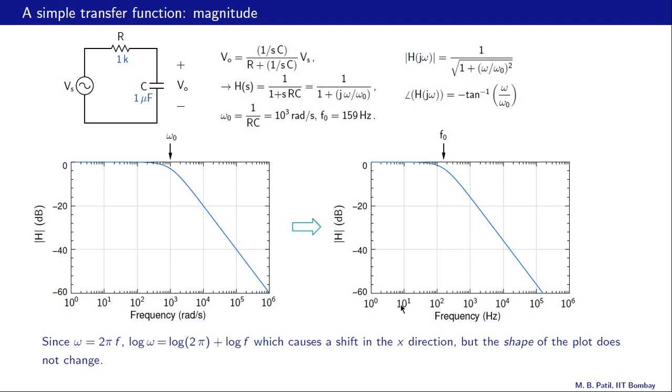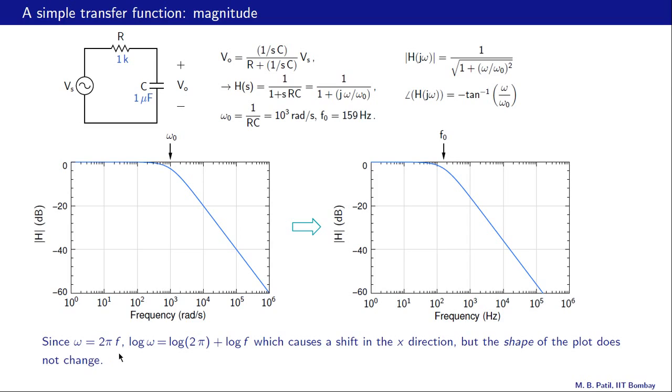Where is 160? This is 10, this is 100. 160 is somewhere between these two. That is where it is. And this happens to every other frequency point, and therefore the entire mod h versus omega curve shifts, in this case leftward. So here is the summary.